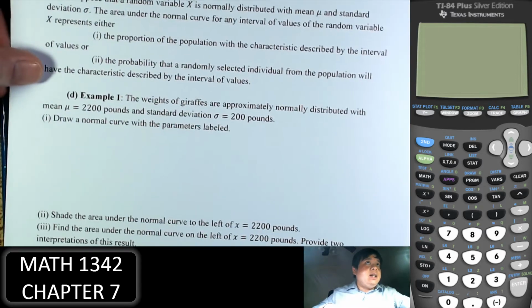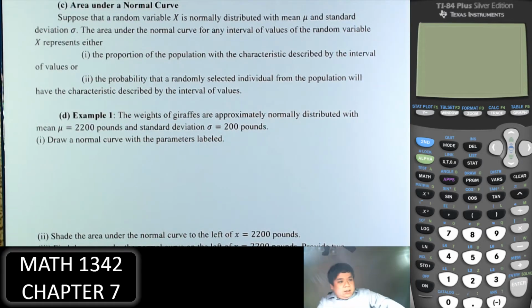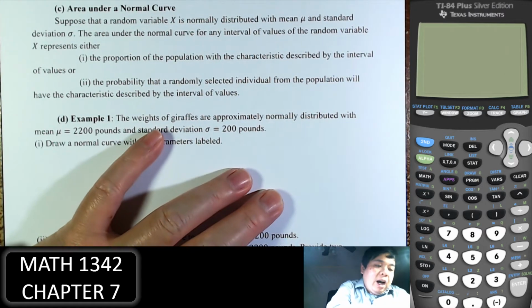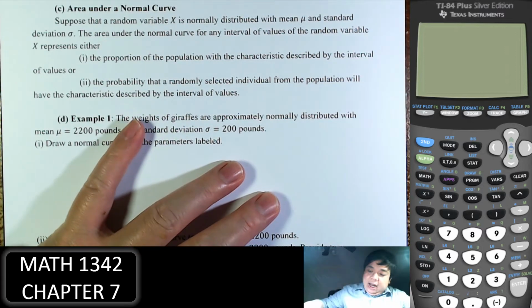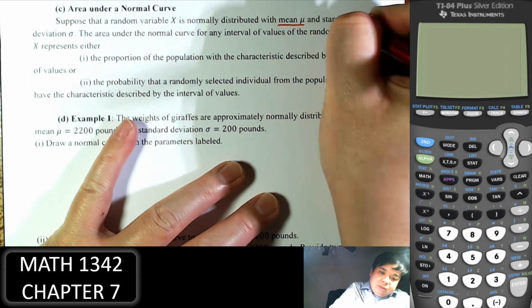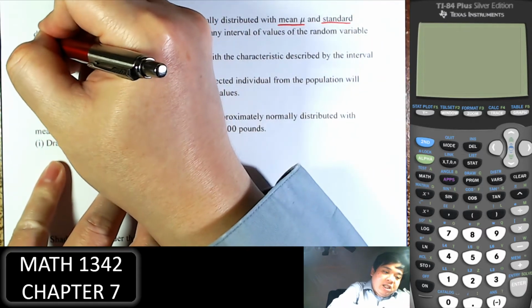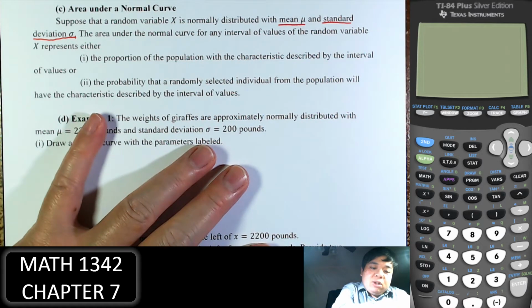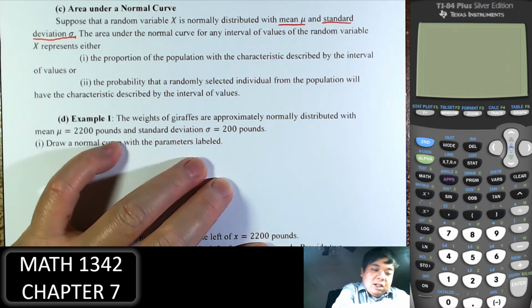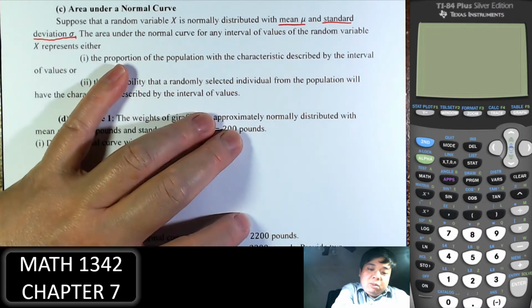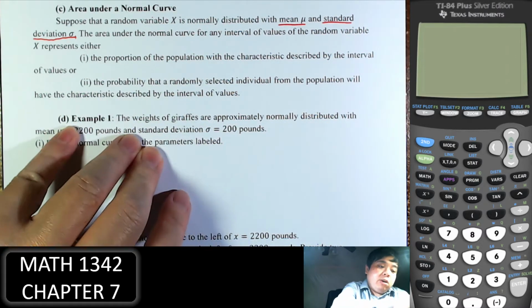So let's look at the area under the normal curve. Suppose that the random variable x is normally distributed with the mean and standard deviation. So for a normal distribution, we need to know the mean and standard deviation, sigma. The area under the normal curve for any interval of values of the random variable x represents the proportion of the population with the characteristic described by the interval of values.